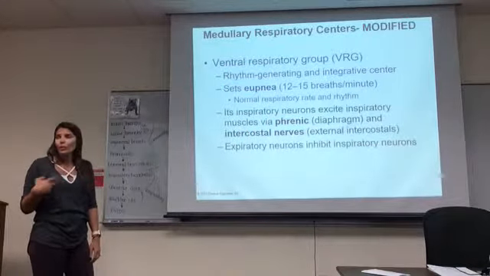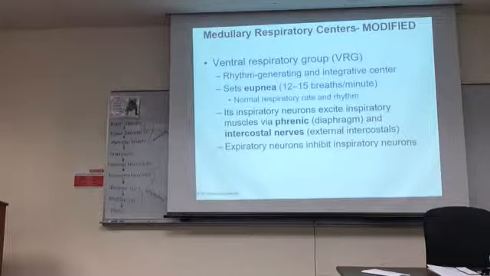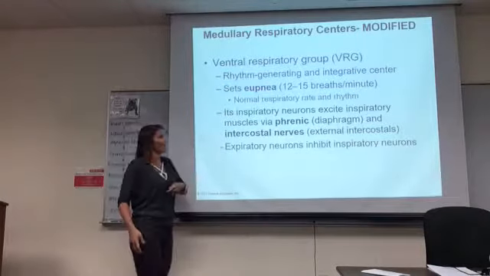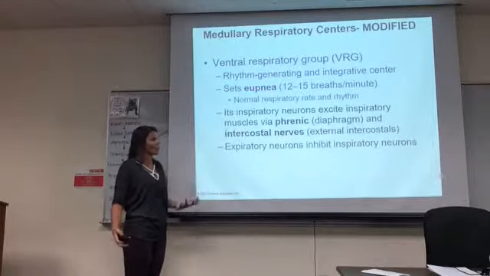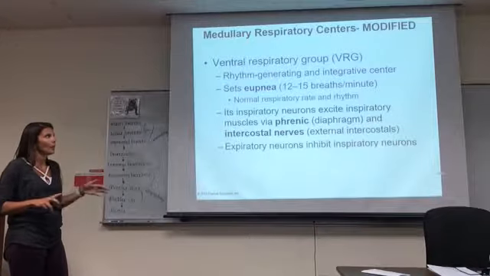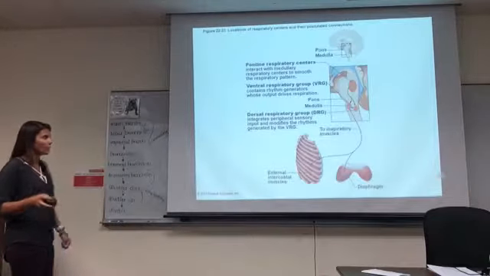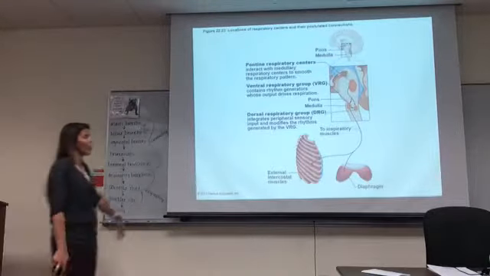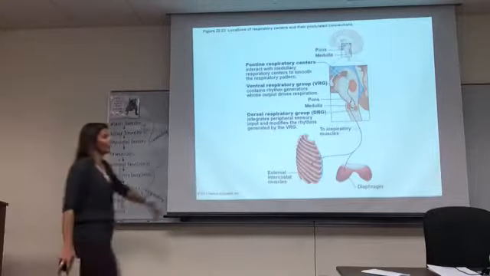The phrenic nerve is attached to your diaphragm. And your diaphragm is the muscle that will contract in order to allow you to inspire. Okay, so eupnea on this slide, the major thing is your normal at-rest breathing rate, 12 to 15 breaths per minute. This is showing you the medulla oblongata and where your respiratory group is.